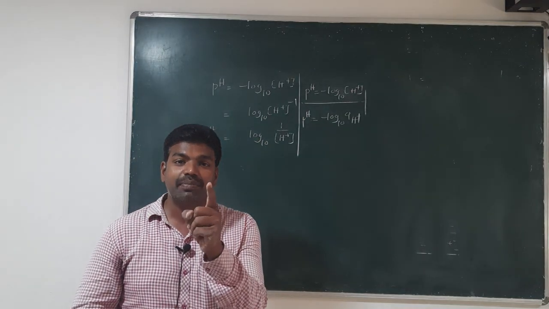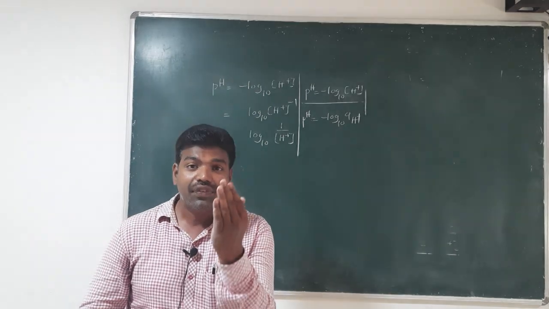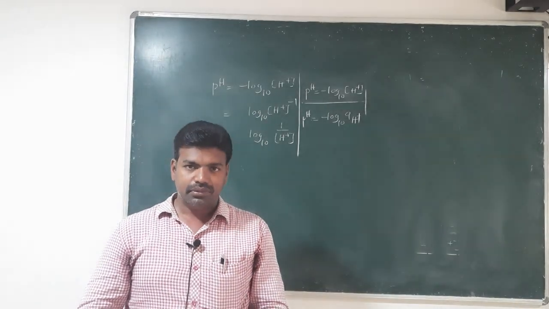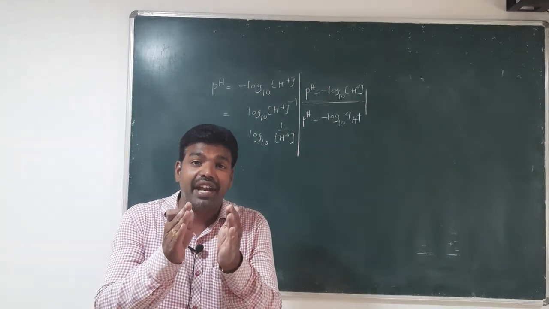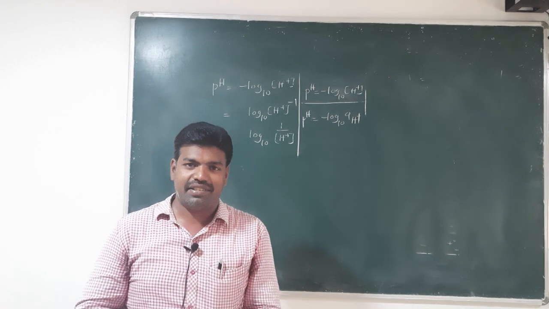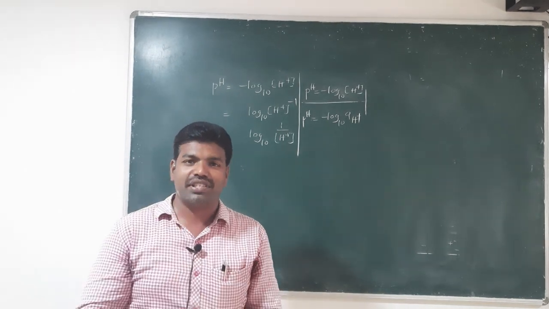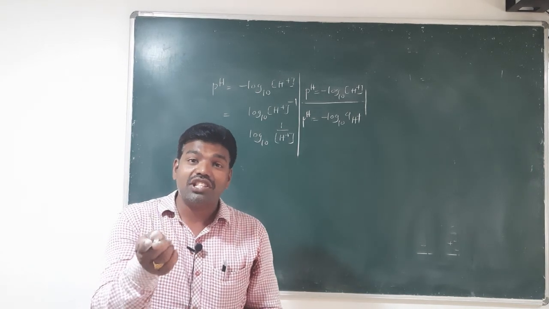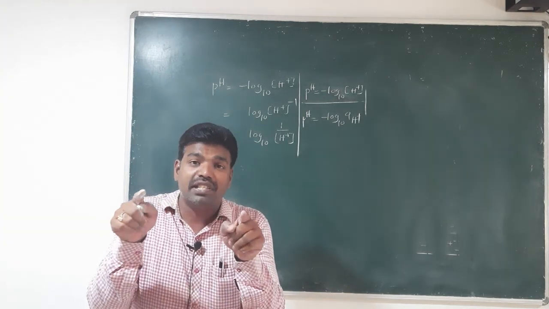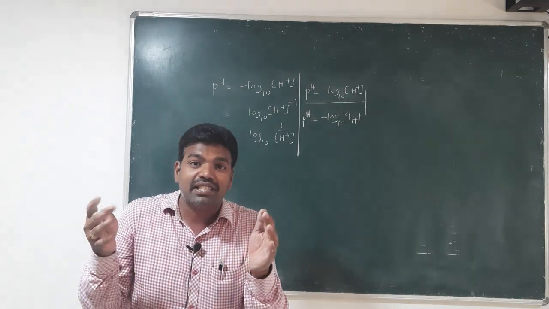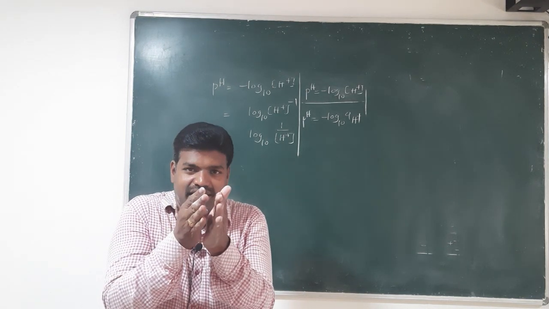Activity of H plus ions means the effective concentration of H plus ions or concentration of free H plus ions. Free H plus ions means that H plus ions are separated at large distances. This would happen only in the case of dilute solutions. In the case of high concentrated solutions, with increase in the concentration, the number of H plus ions increases, so H plus ions are apart at low distances.